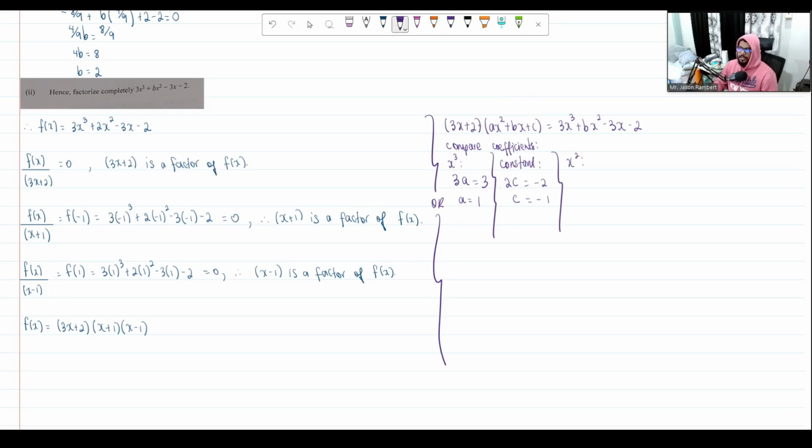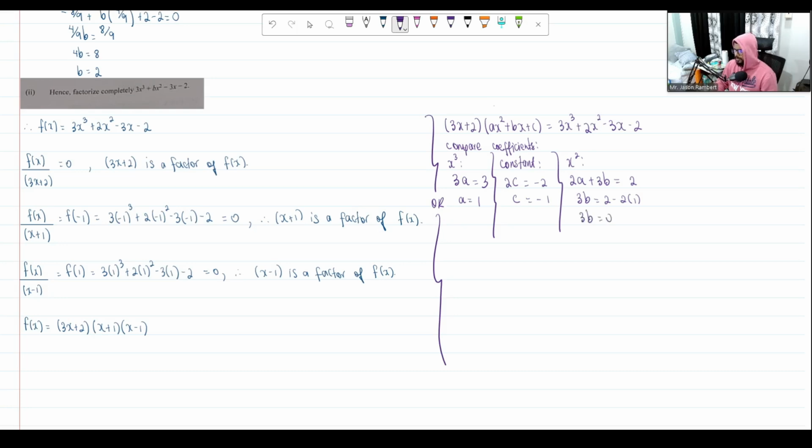The only way I can get an x squared is if I have 2 multiplied by ax squared, which is going to give me 2a, and then 3x multiplied by bx, which is going to give me 3b. 2a plus 3b is equal to 2, my x squared coefficient. I know what a is. A is 1. 3b is equal to 2. Take away 2 into 1.